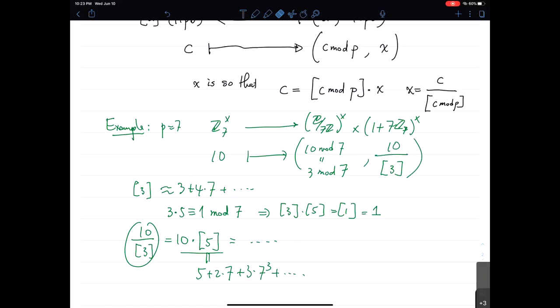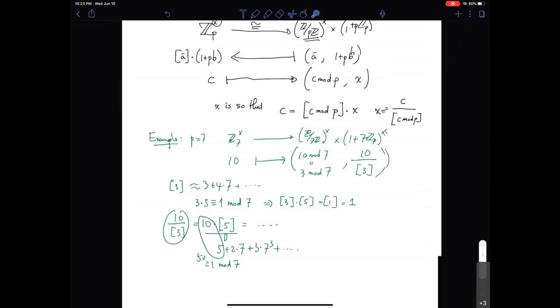You can already see that if you multiply the first two terms, that gives you 50, which is congruent to 1 mod 7. Then of course you have to do the multiplication explicitly for the later terms if you want an explicit expression of what this number is. So I hope this gives you some idea of what goes into this isomorphism.